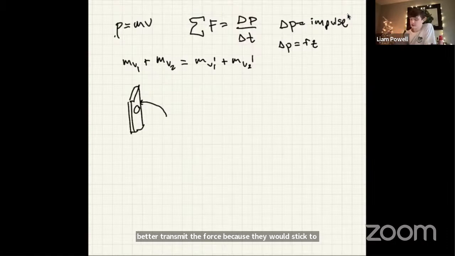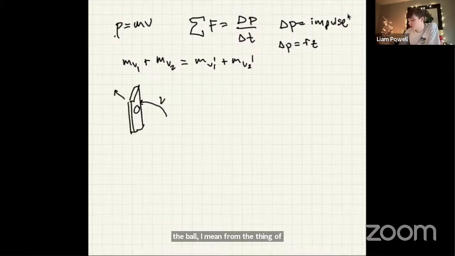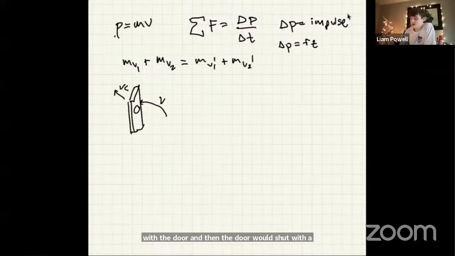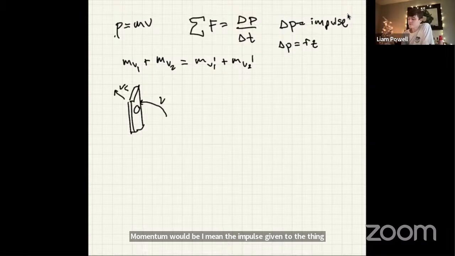But that's not necessarily true, because the change in momentum would be from the velocity of the clay to sticking with the door, and then the door would shut with a velocity less than the initial. So the impulse given would just be enough to slow it down, but not change it to zero.